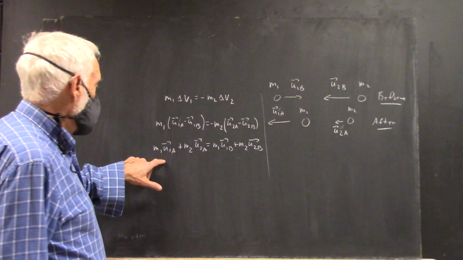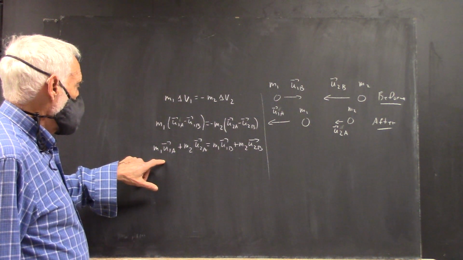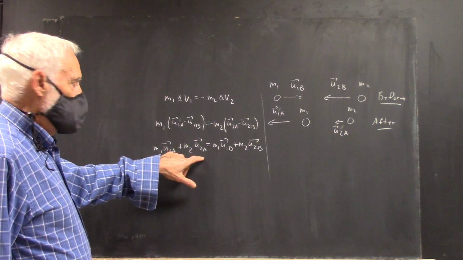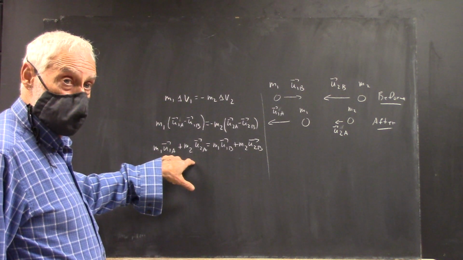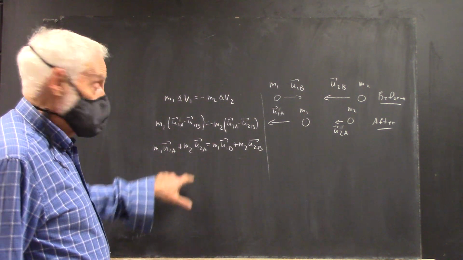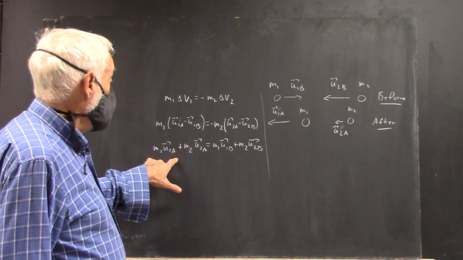Now, M1 U1 after plus M2 U2 after, that's the total momentum of the two particles after collision, right? This is the momentum of the first particle after collision.